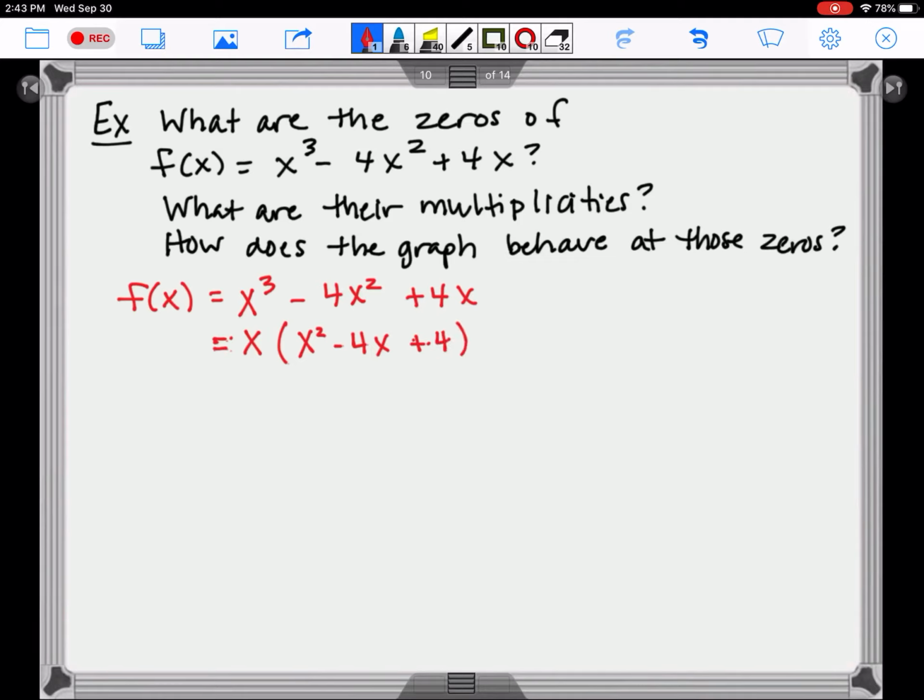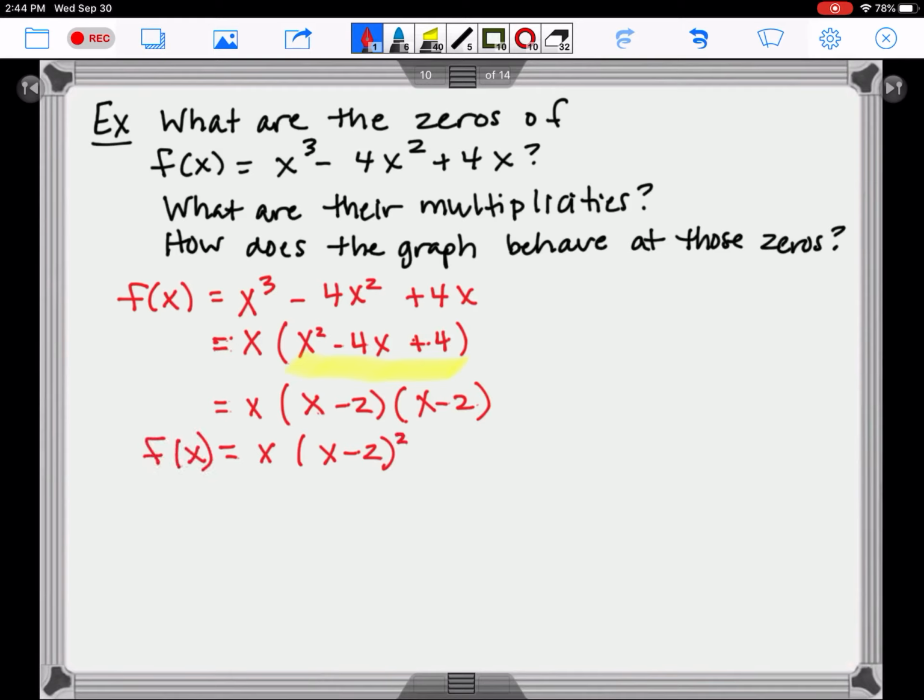And then I'm going to say, well, can I factor that any further? Let's see, 2 numbers that multiply to get a positive 4 and add to get -4. So that'd be a -2 and -2 are the linear factors. Well, notice that can be written as x times the quantity x minus 2 quantity squared.